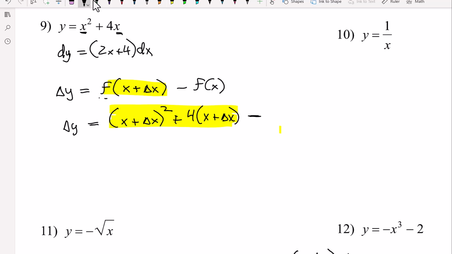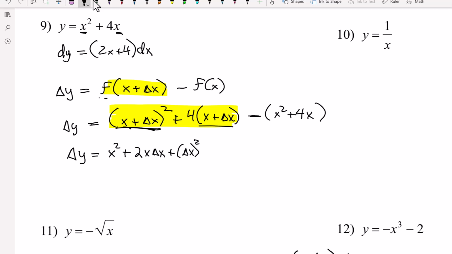And then we're going to subtract f of x, which is x squared plus 4x. Then when we simplify this stuff right here, there's going to end up being a positive x squared and a positive 4x, and these two things will end up canceling. So when you square this right here, it'll be x squared plus 2 times x times delta x plus, in parentheses, you have to put parentheses because it's the whole thing being squared.